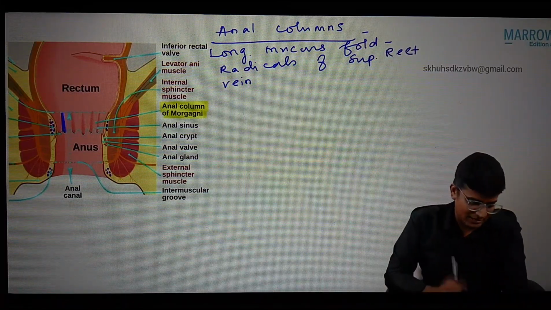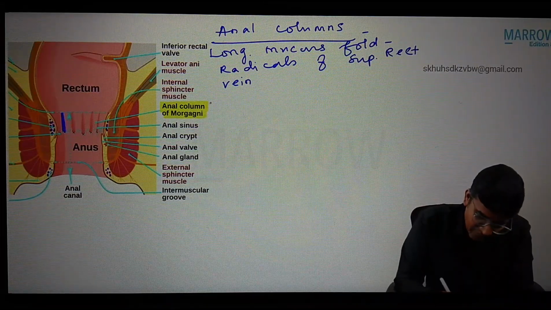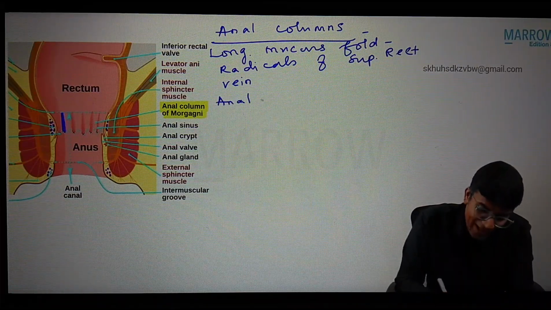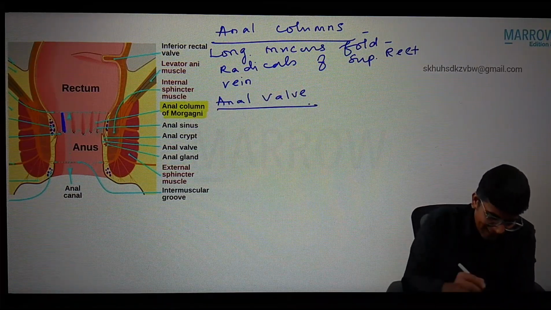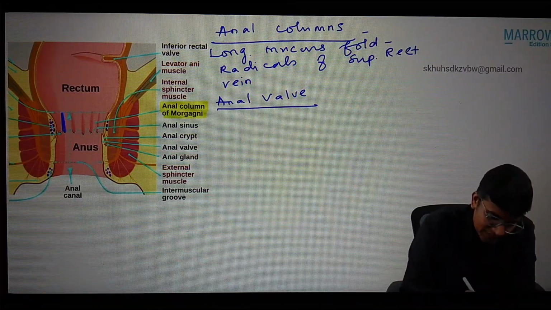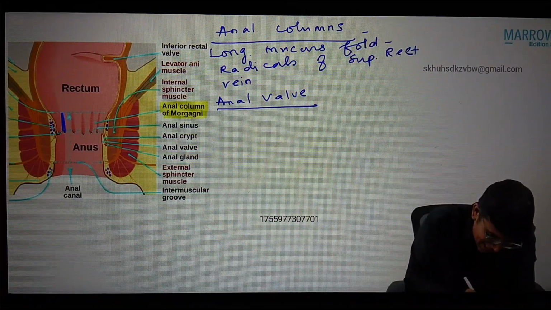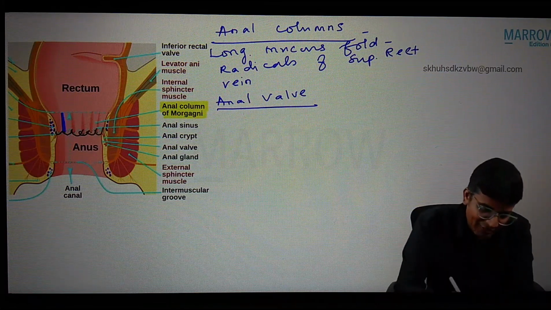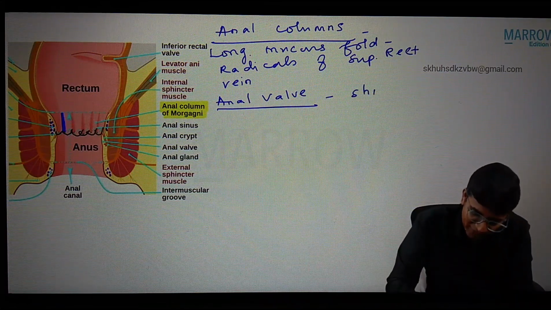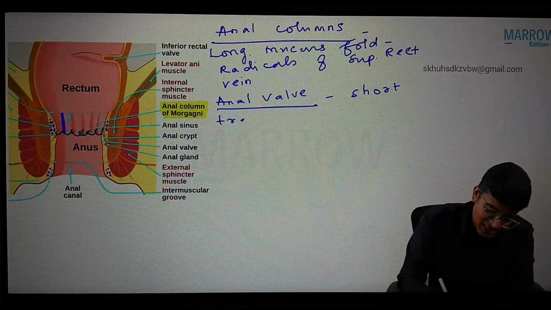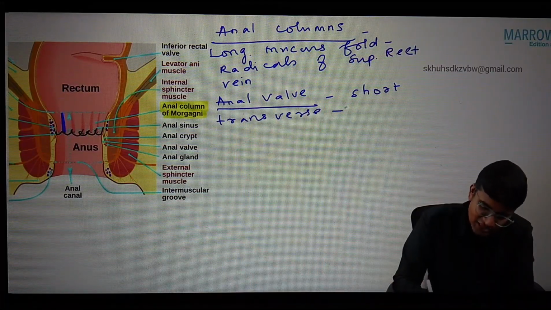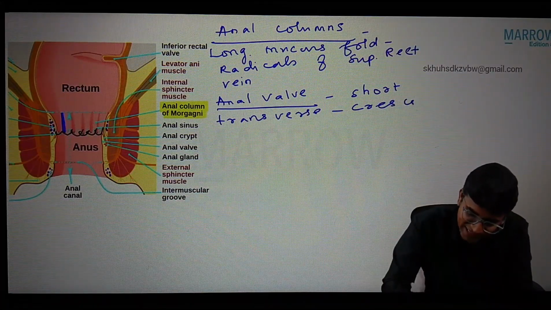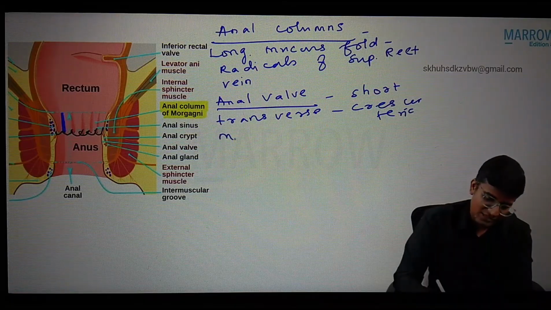Next, we have the anal valve, which I mark in black color. Anal valves are short, transverse, concentric mucous folds.